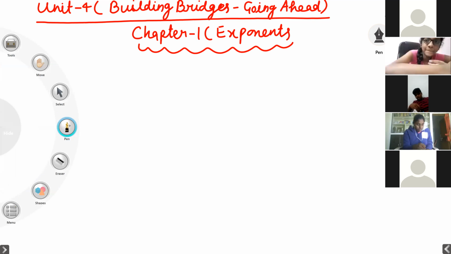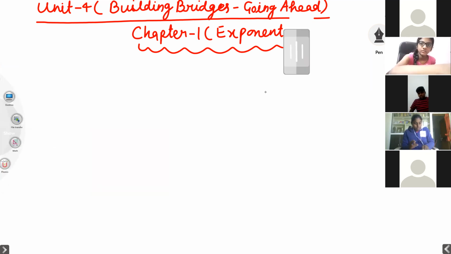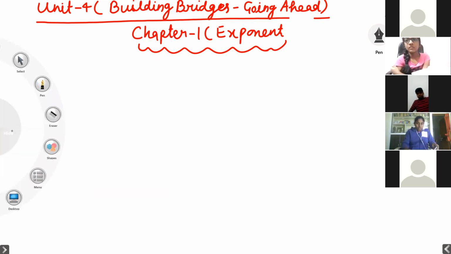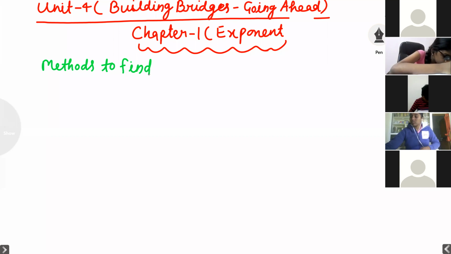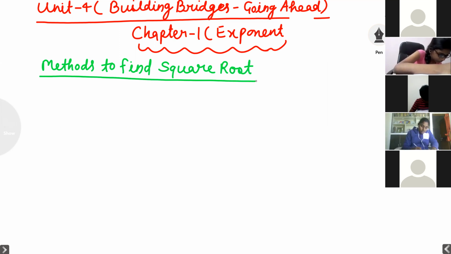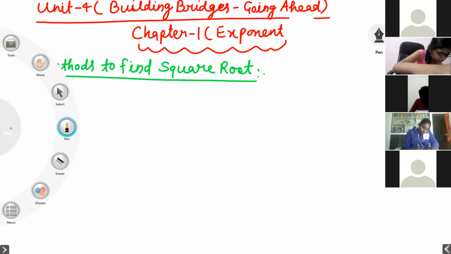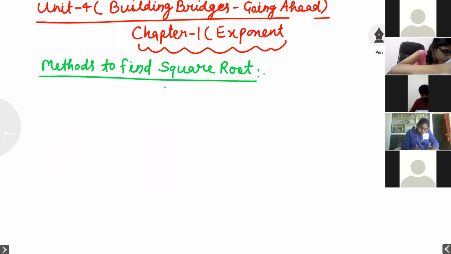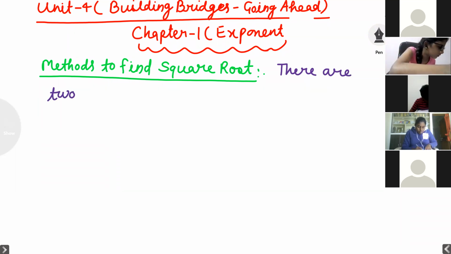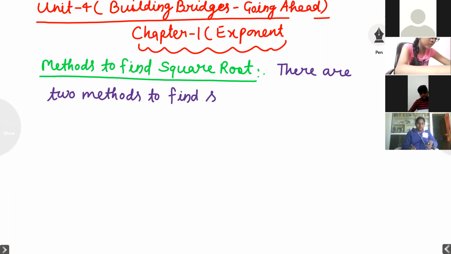There are two methods to find square root.